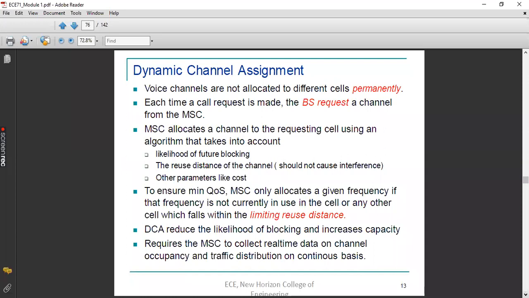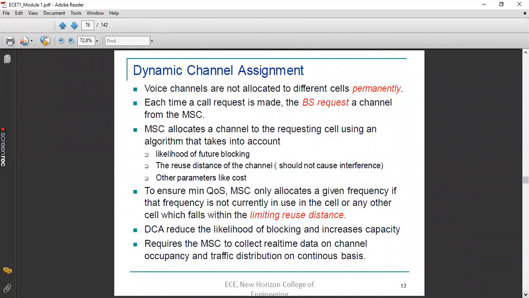You know what is a cell? A cell will have a base station or a tower having a high power transmitting antenna which is located in the center, or it can be at the edge also. If the tower is at the edge of the cell, it will use a sectored antenna. It is not omnidirectional. If the base station is at the center of the cell, it will be omnidirectional.